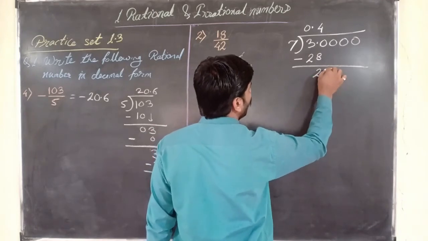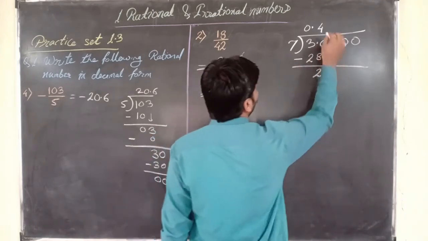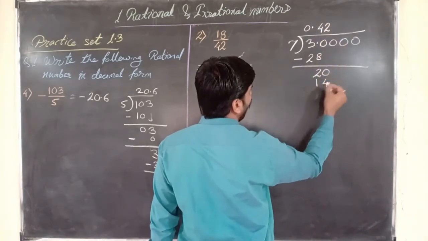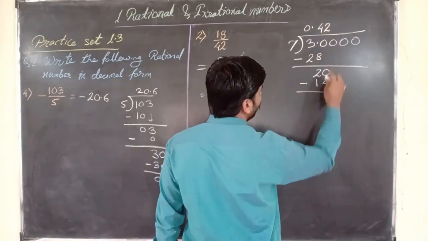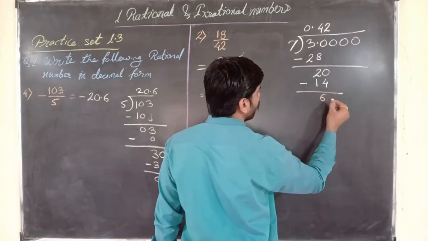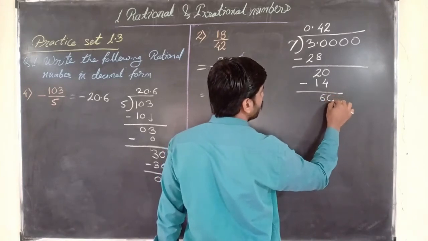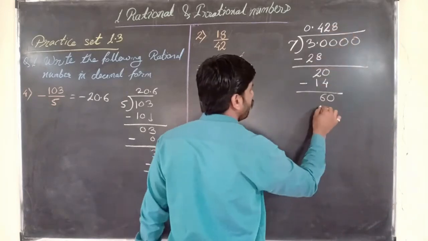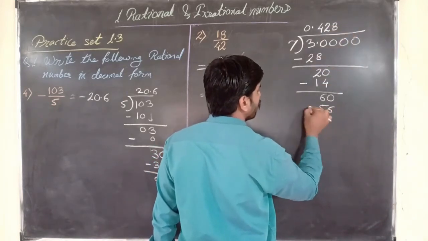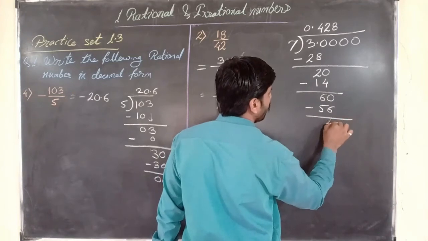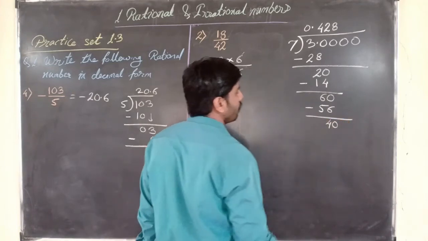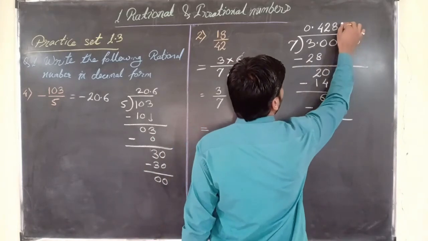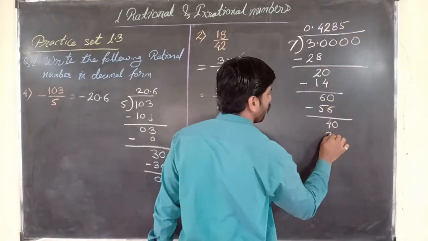Now this will become 20. 7 twos are 14. And again the remainder is 6. So this will become 60. 7 eights are 56. The remainder is 4. This will become 40. 7 fives are 35.